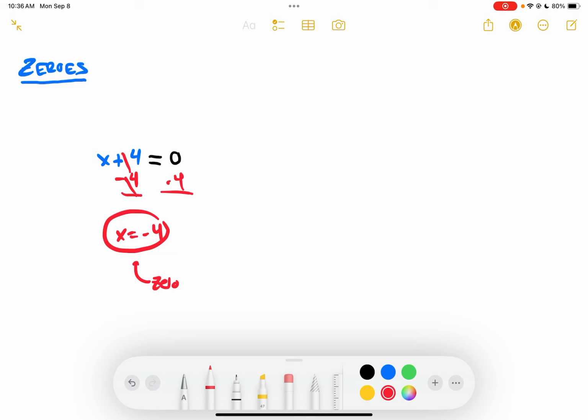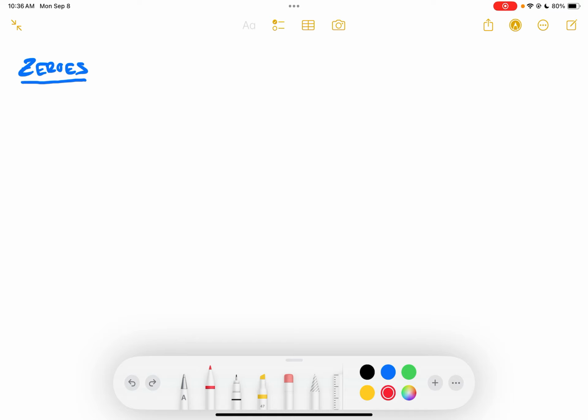So that would find the 0 of my expression. I set this expression equal to 0, and I find out what value of x is going to make that happen. And this would work even if this was a function, because a function is essentially an expression where what we're evaluating it for is the input and the answer ends up being the output. So if this was f of x equals x plus 4, right now it's a function that can be graphed on a grid.